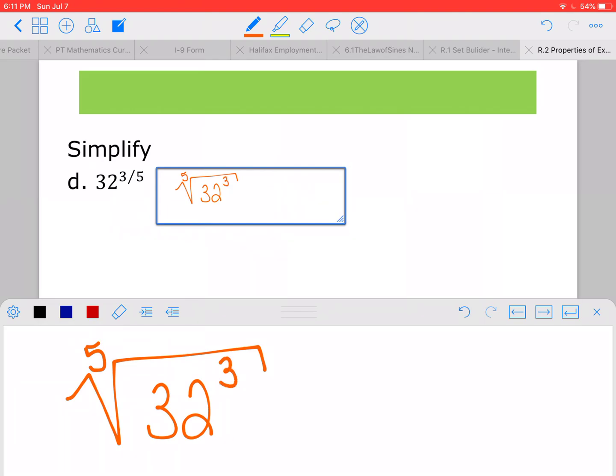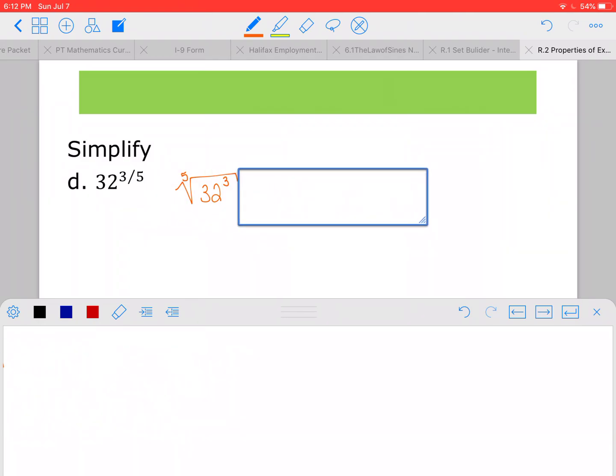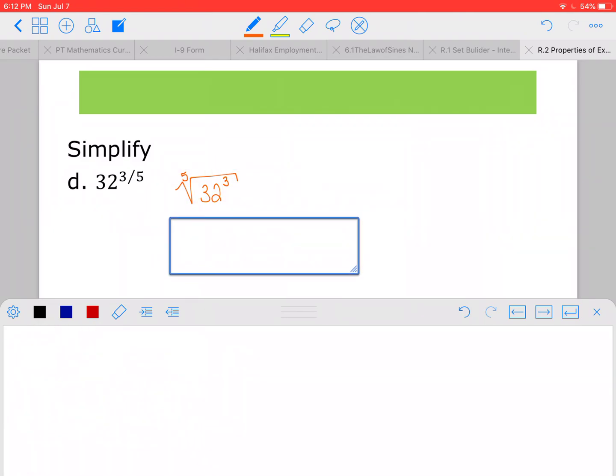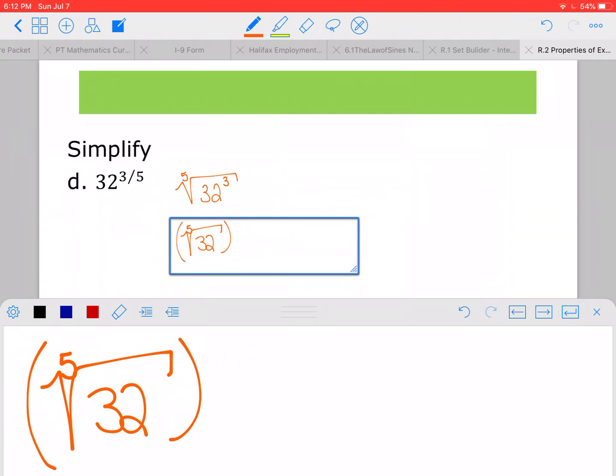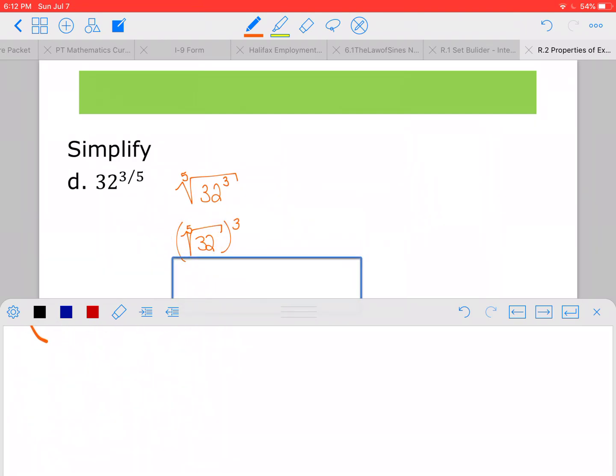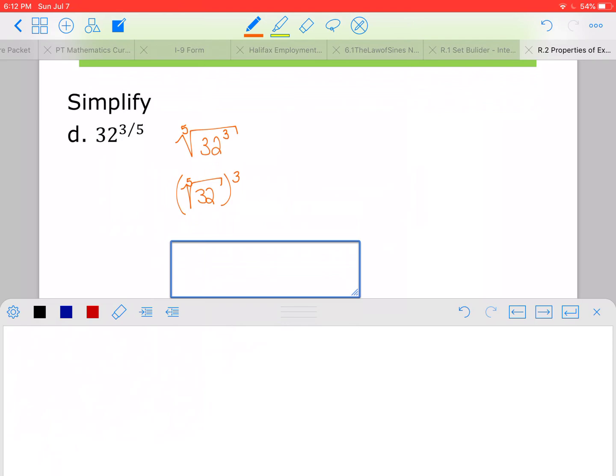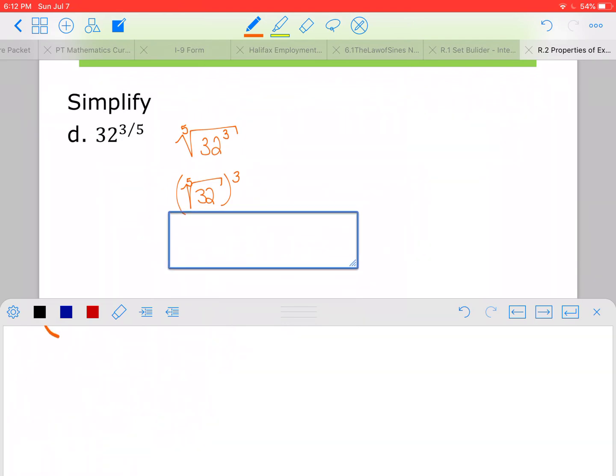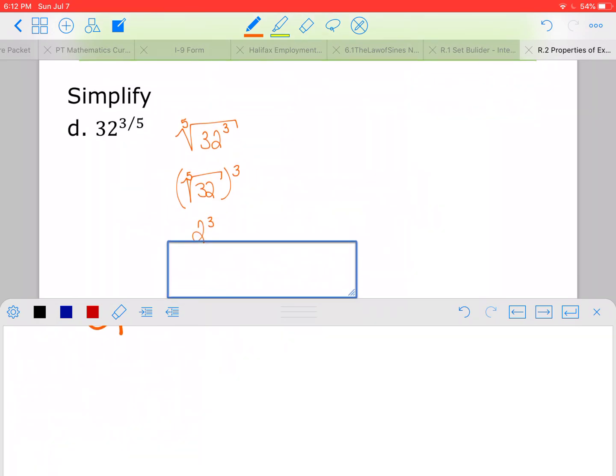You could also write this, I think it'll be easier for us to look at it, if we say the fifth root of 32, to the third power. Because we've already found that the fifth root of 32 is 2. So we've just got 2 to the third power, that's 8.